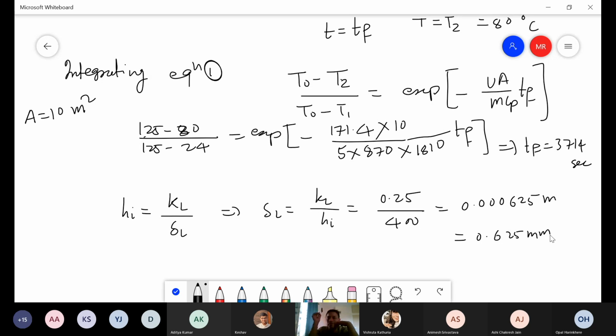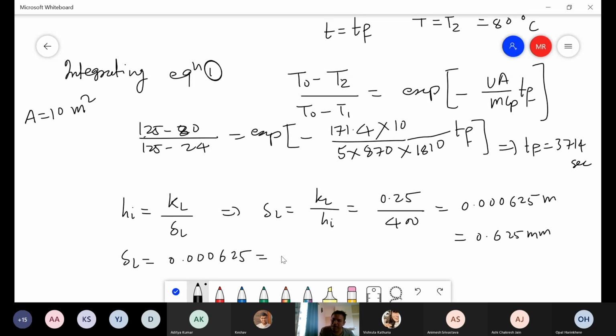Now what has been asked in the question is, instead of monomer, suppose the liquid inside the reactor is replaced by, let's say, water. Then for the same film thickness that we have obtained right now, what will be the heat transfer coefficient? That is the question. Okay, so this film thickness is common. So delta L equals 0.000625.